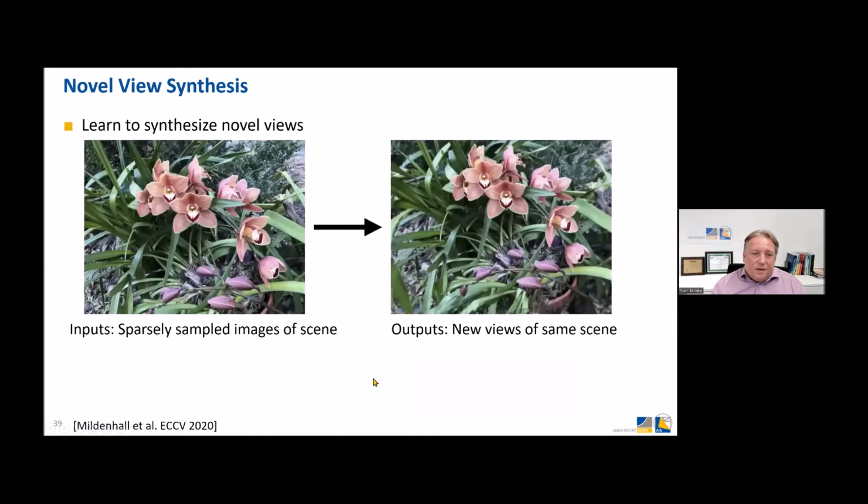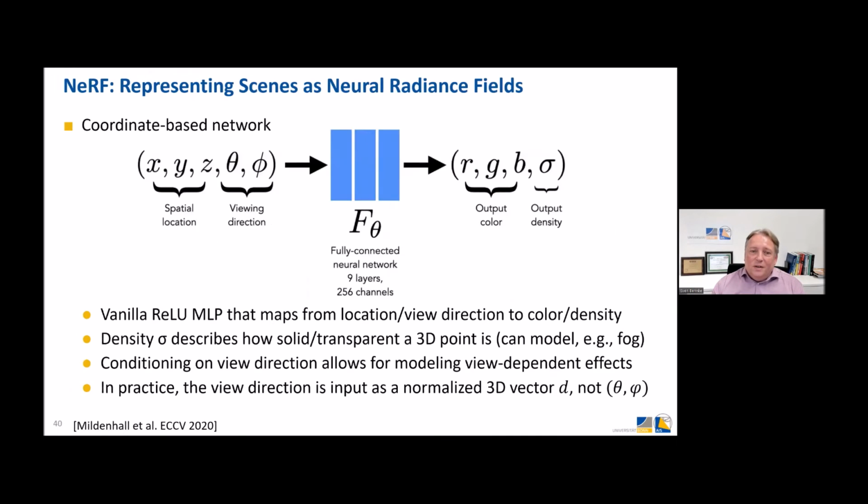In recent years, there has been a new approach that is based on novel view synthesis to 3D reconstruction. So the inputs are sparsely sampled images of a scene. The outputs are new views of the same scene. And if we can render new views of the same scene, then we must actually have a good model of the scene.